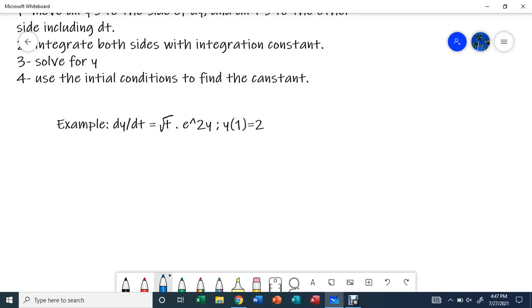So I'm gonna divide both sides by e to the power 2y and multiplying both sides by dt. So first dividing both sides by e to 2y, then multiplying both sides by dt.